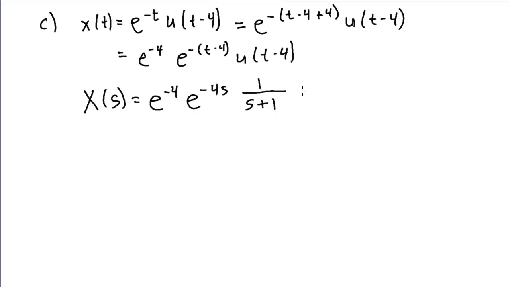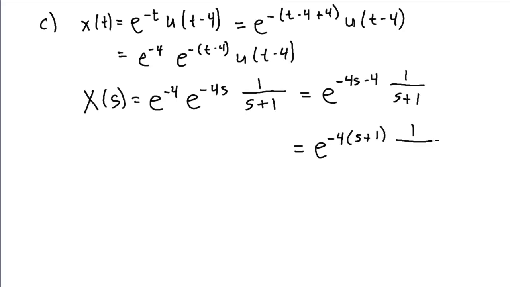I can combine the exponents here as e to the minus 4s minus 4 times 1 over s plus 1. And I could simplify a little bit more if I wanted to. By factoring out the minus 4, I'll have e to the minus 4 times (s plus 1) times 1 over s plus 1 for that final result.